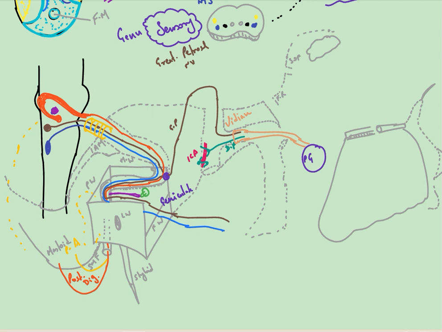Then another motor branch, because this orange color is supplying the motor neuron. If you remember, it is branchiomotor if you trace back to the brain.